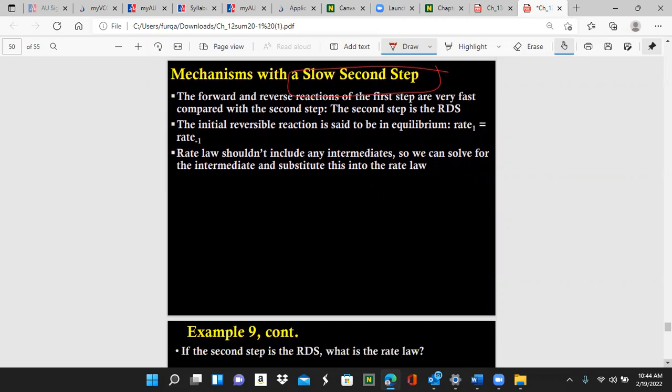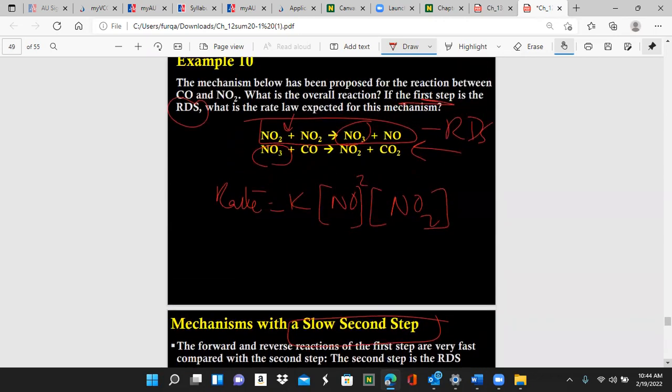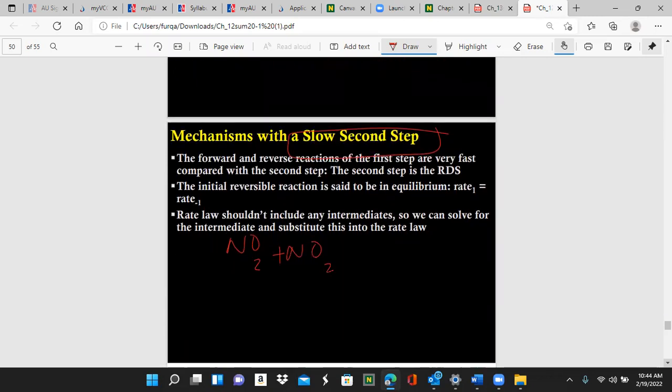So the initial reversible reaction is said to be in equilibrium, where rate 1 is equal to rate 2. What does that mean? If you're writing it as NO2 plus NO2, I skipped this NO2 here, and that reminded me.